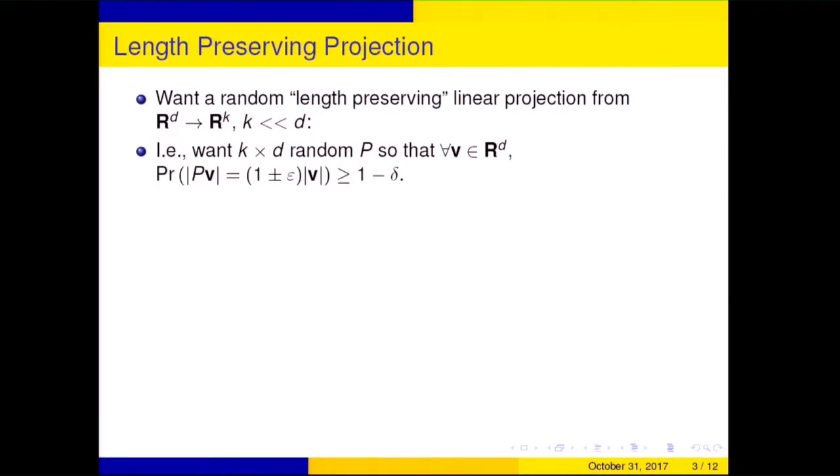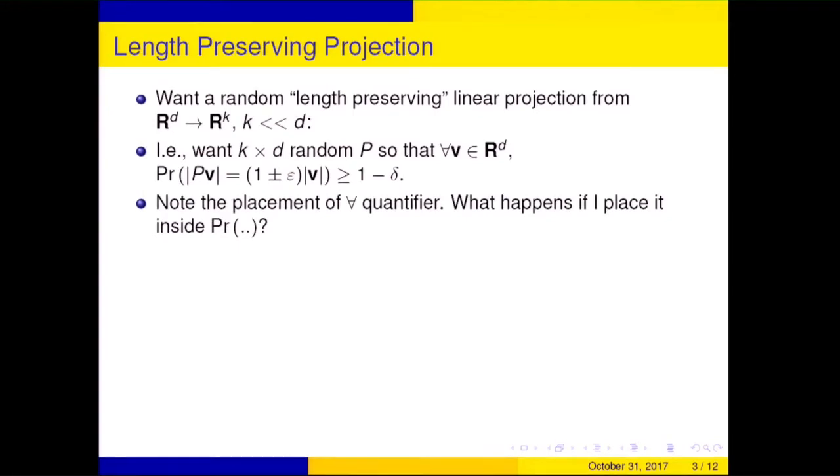I want a matrix P so that for every vector v in d space, the probability that the length of Pv is within relative error epsilon of the length of v, 1 plus or minus epsilon, is 1 minus delta or higher. So the probability of failure is less than or equal to delta.